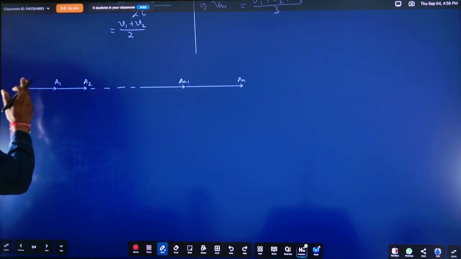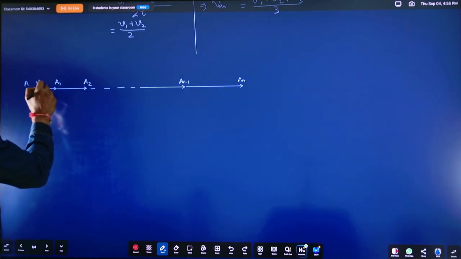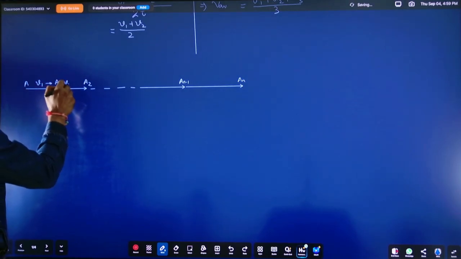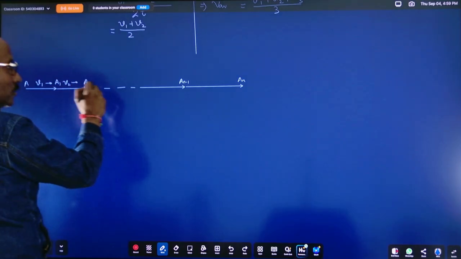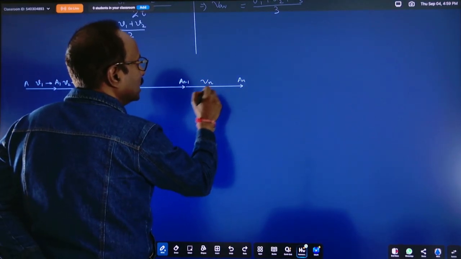The velocity between A and A1, the magnitude of that is v1, between A1, A2 is v2, A2, A3, v3 and so on, and here it is vn.